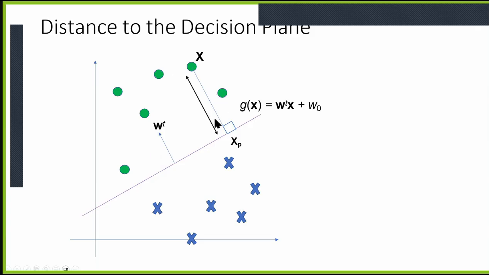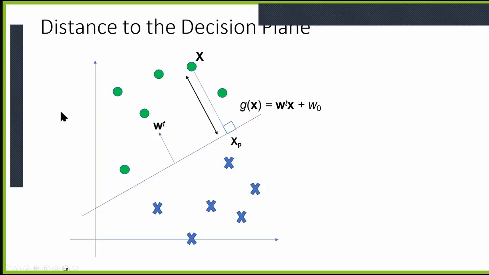Right. So this is exactly the displacement from this big X to XP, when we project the X onto this decision boundary, it will be XP. So we're trying to get the displacement vector from X to XP.